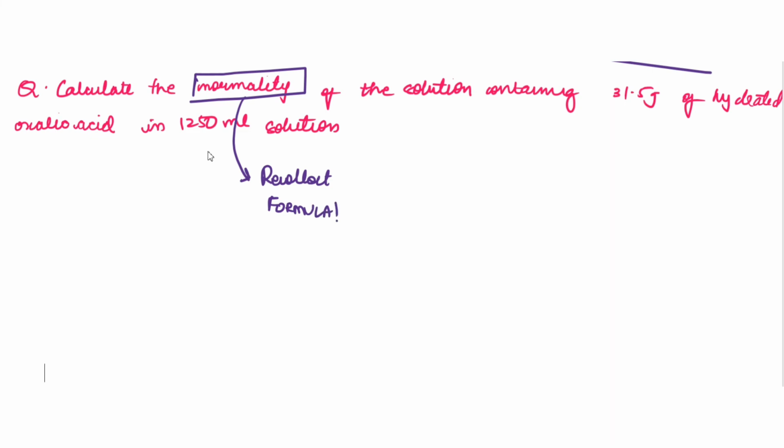Normality is the number of equivalents by the total volume of the solution. So here in the question they have given hydrated oxalic acid. So what substance is that?